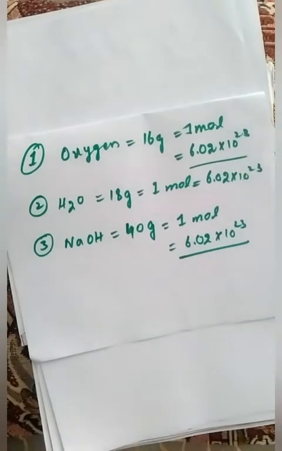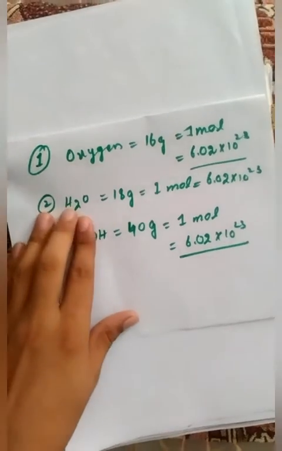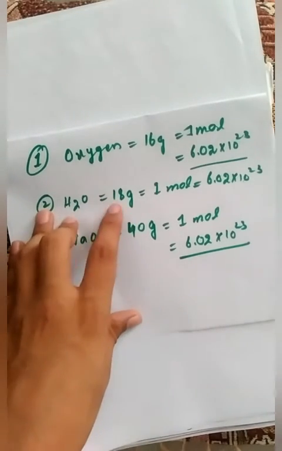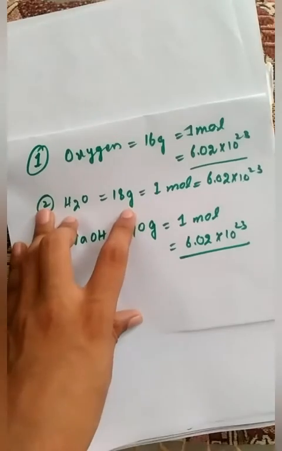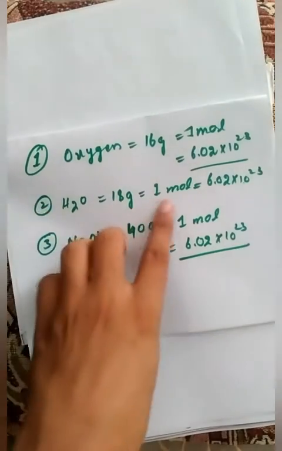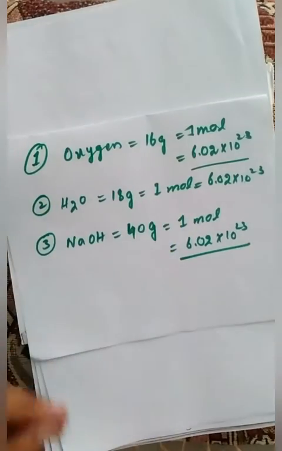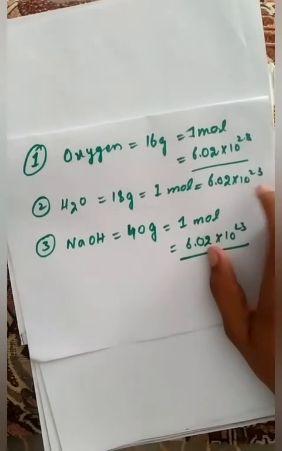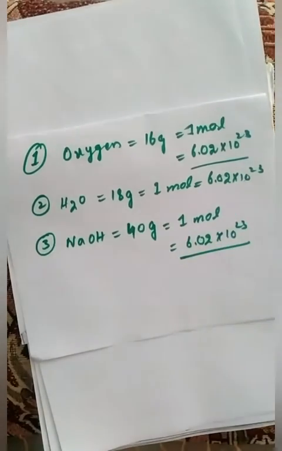Now if we take a molecule, suppose we have taken water, and water's molecular mass is 18. If this 18 is taken in gram, that will be equal to 1 mole, and this will also have the same number of particles, 6.02 × 10^23.